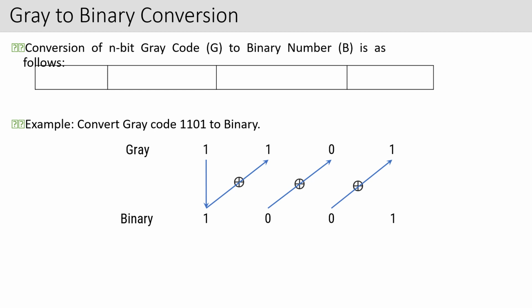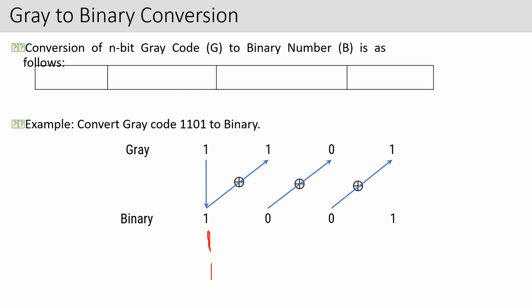Okay, suppose someone is asking you, say I want to convert this binary number into gray code. So what will I do? I will write 1 as it is.